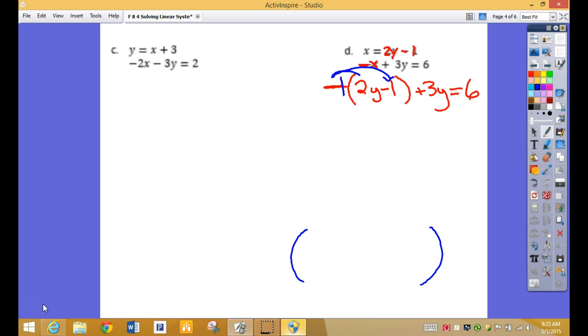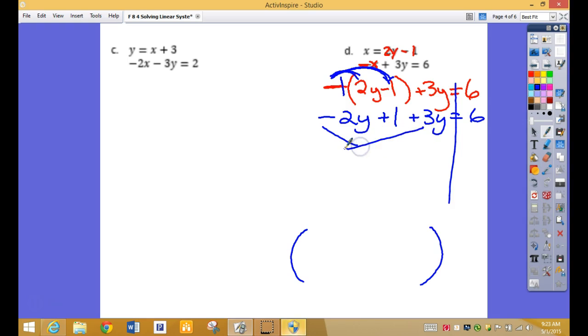So to finish up D, when you do your distributive property, a negative 1 times 2y is negative 2y. Negative 1 times a negative 1 is a positive 1. And we bring down our plus 3y equals 6. Combine my like terms. A negative 2y plus 3y is 1y.